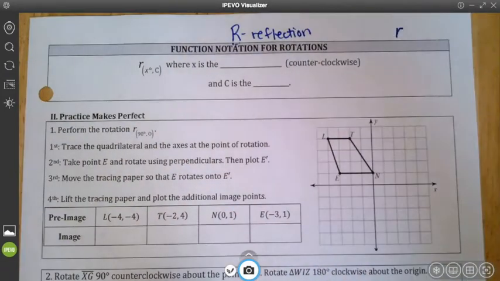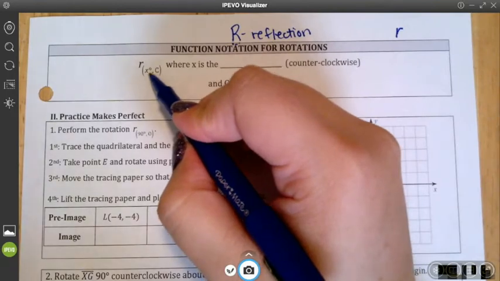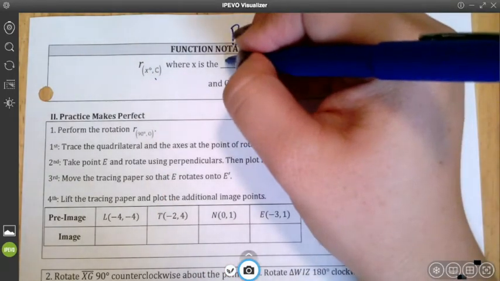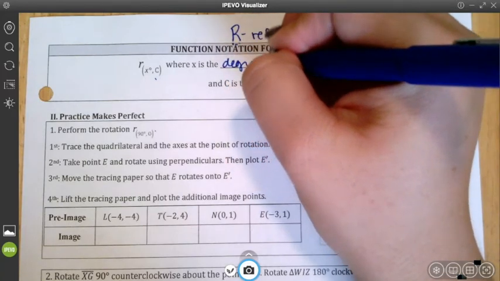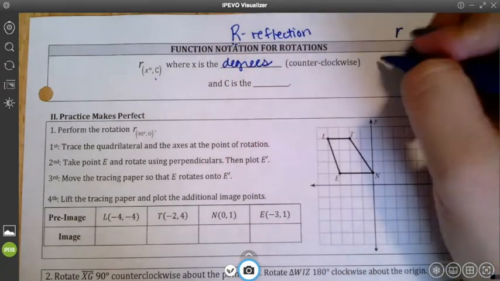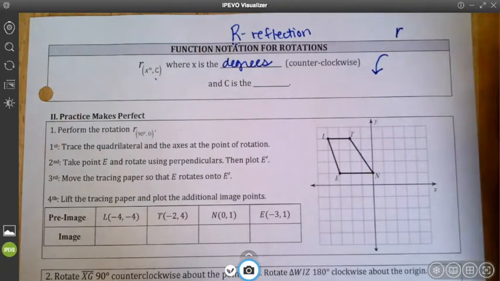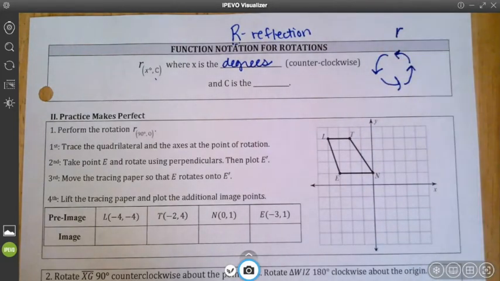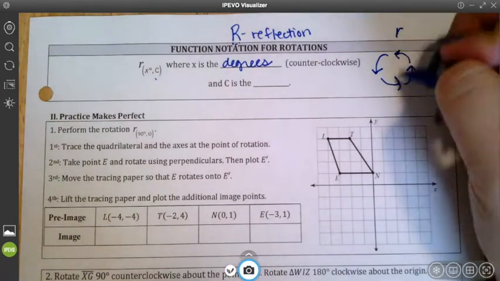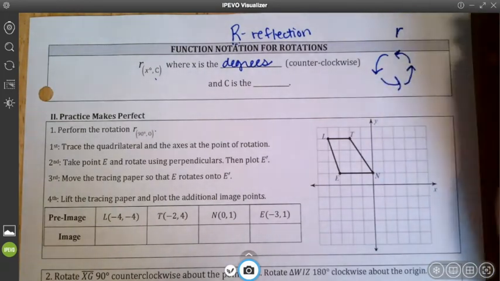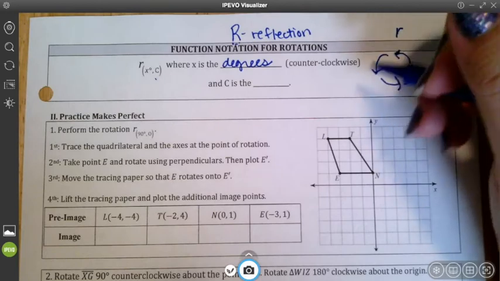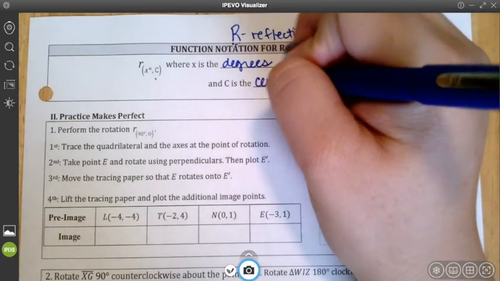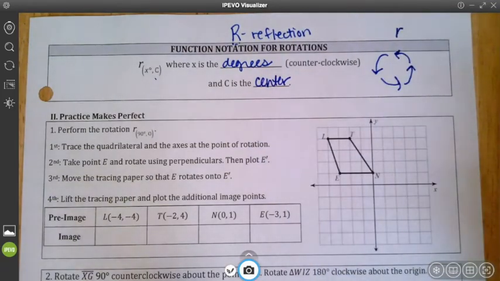A rotation, x degrees around point C, where x is the degrees counterclockwise, always going this way, this way, this way. So I can't say it's to the left because depending on where you are in this rotation, it's always counterclockwise, but it's not always left or right. And C is the center or the point of rotation.